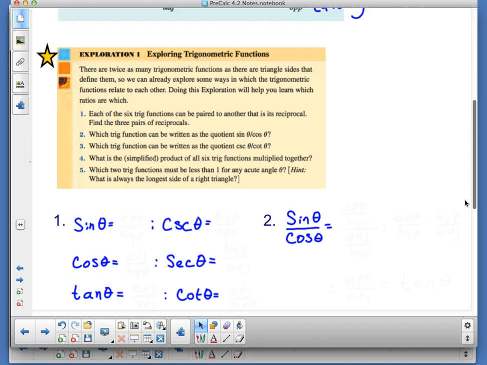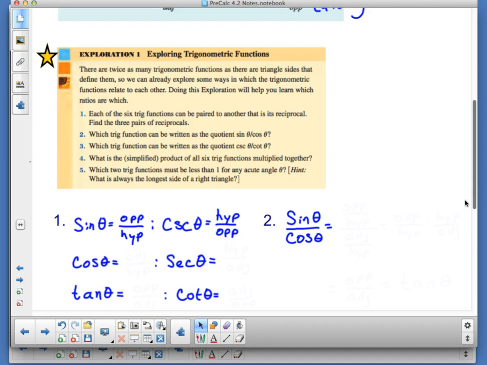See, each of the 6 functions can be paired to another that's its reciprocal. So sine of theta, based on the stuff we just did, should be opposite over hypotenuse, with cosecant. Every time I write these, I go sine of theta, cosecant. I go cosine, secant. I'll go tangent, cotangent. I always write them across from each other so I can be more efficient with finding the inverses, because they're just reciprocals of each other.